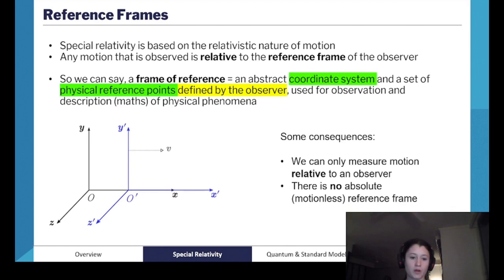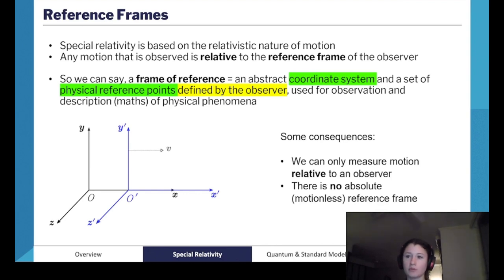So the consequences of this are that we can only measure motion relative to an observer, which is what I was talking about before. And secondly, that there is no absolute or motionless reference frame. There is no starting reference frame or initial reference frame or absolute reference frame. Going back to our car example, the road and Earth is not the absolute reference frame.